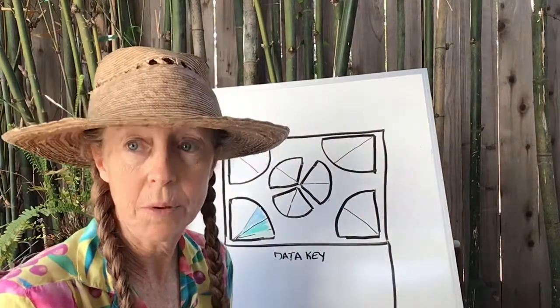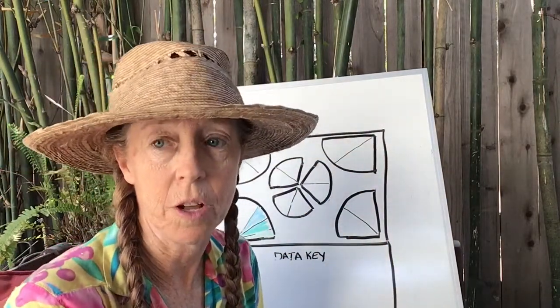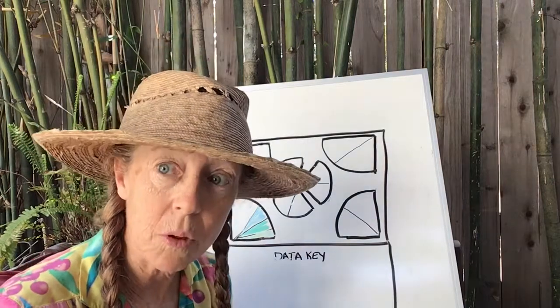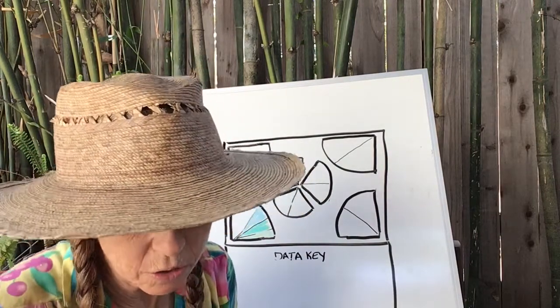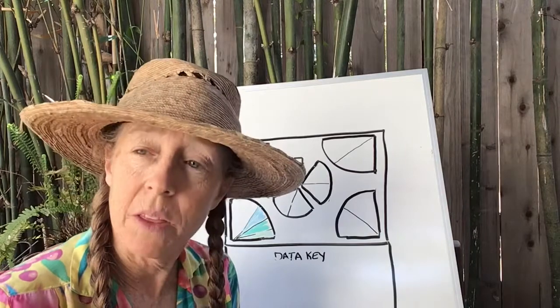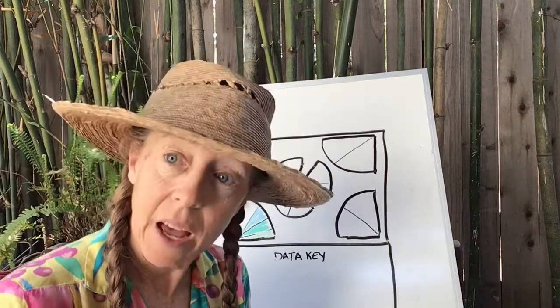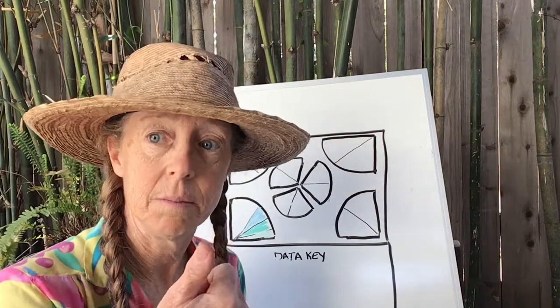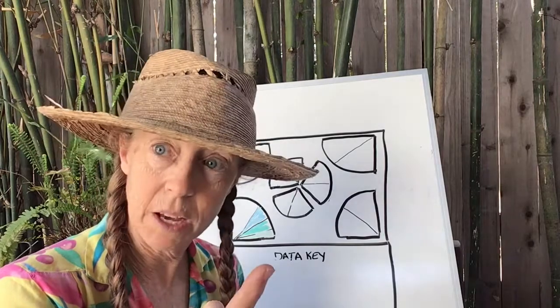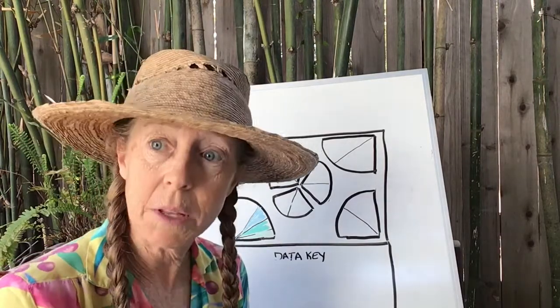So next, you can do additional observations. In fact, I want you to do additional observations. So let's do an example of another observation. Let's do the observation of, is it healthy? Is it healthy, moderately healthy, or unhealthy? Let's see what that looks like.